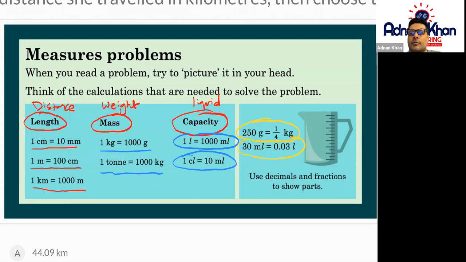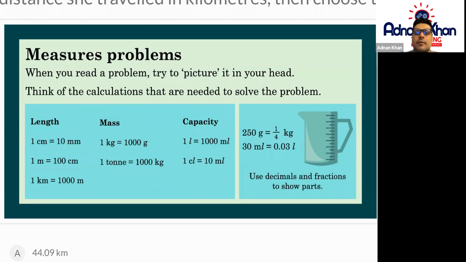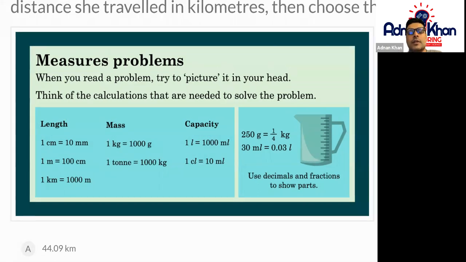You can use decimals and fractions to show different parts as well. Now with these type of questions, you've got various examples, but do remember please that you need to memorize the actual calculations on length, mass, and capacity, because if you don't know your measurements, then it's going to be very difficult to do the following calculations.